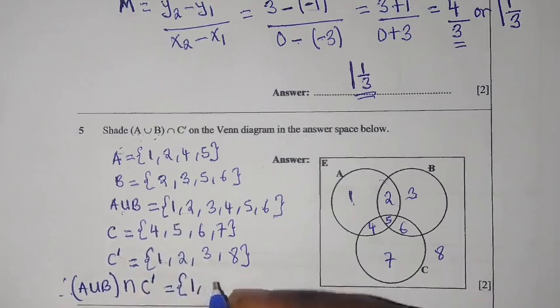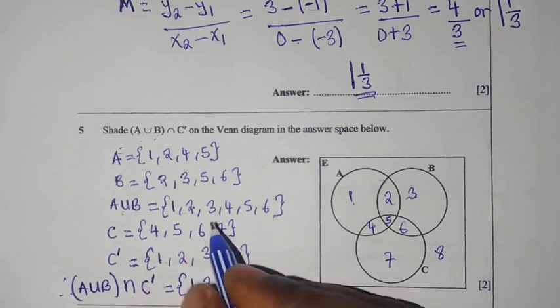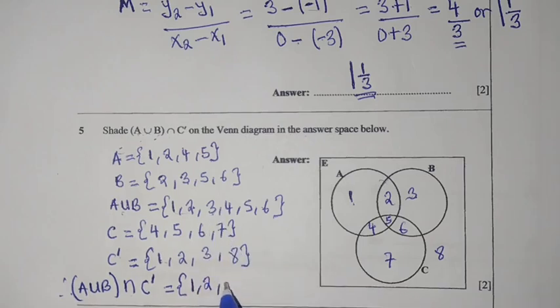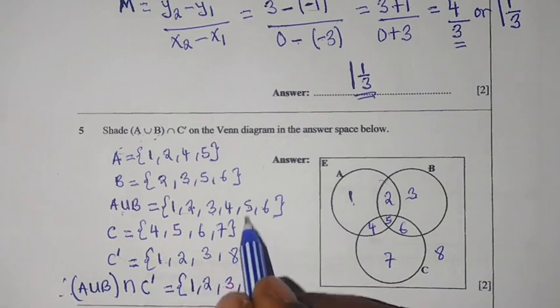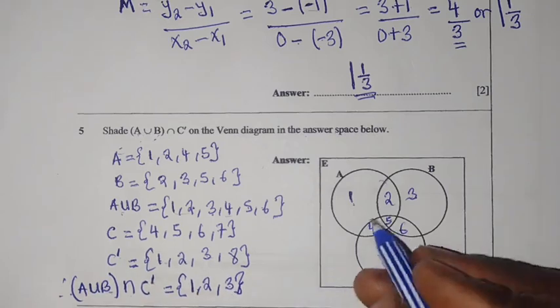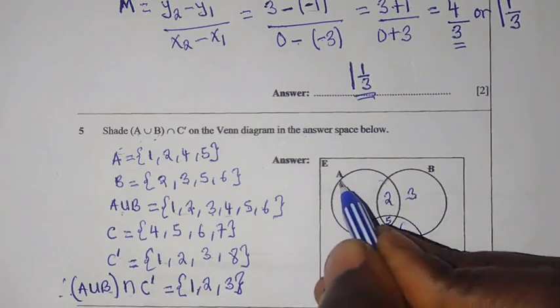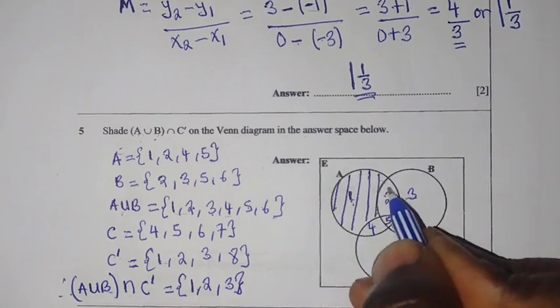So 1 is intersecting. A 2, there is also a 2 in C complement. We have a 3, there is also a 3. We have a 4, there's no 4 here. We have 5, there's no 5. We have 6, there's no 6. You have 8, there's no 8 here. So this is A union B intersection C complement: 1, 2, 3. So identify the region where you have 1, 2, 3. This is the part that you are supposed to shade.